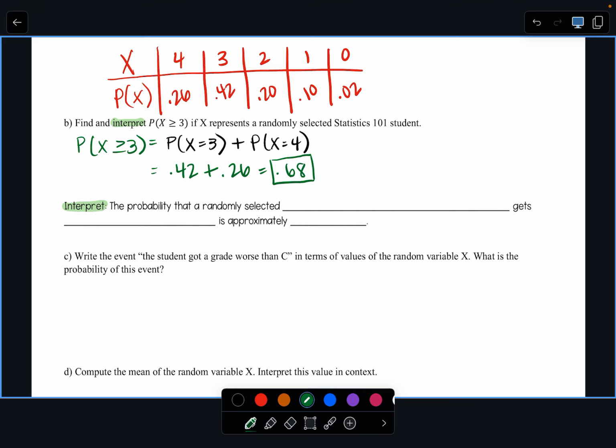The probability that a randomly selected Stats 101 student, and I'm going to be specific, at Northwestern University, gets a, and in this case, we're looking at the context of the question.